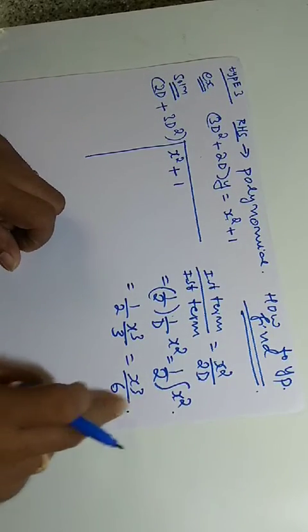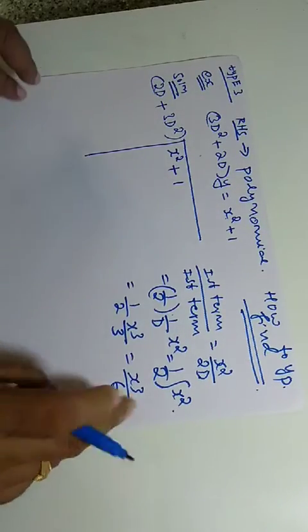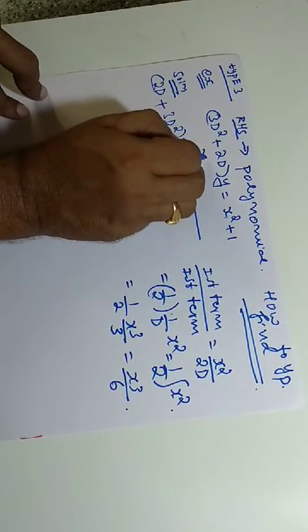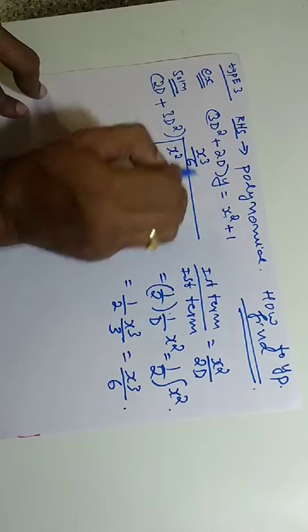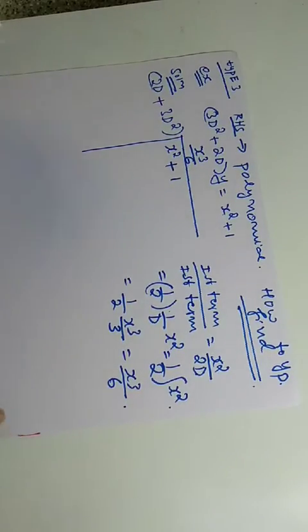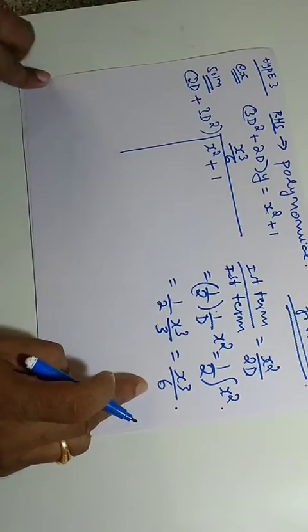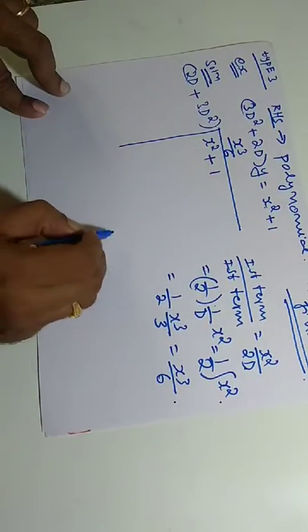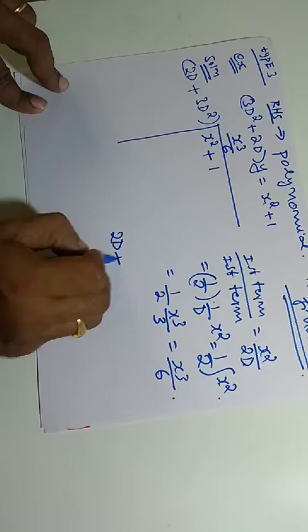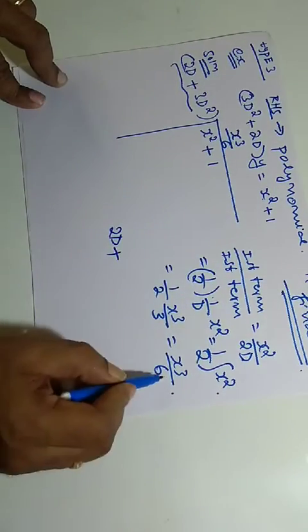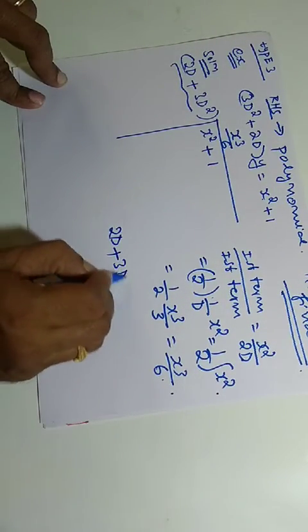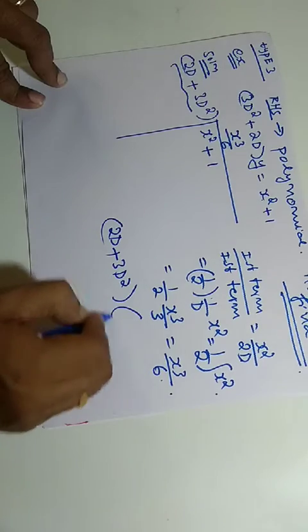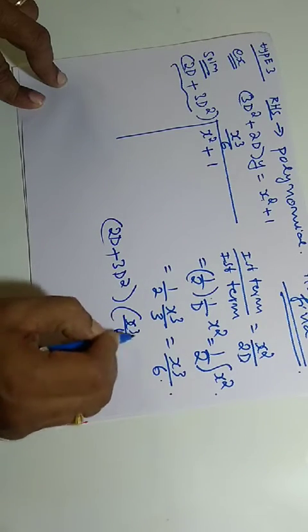Now first term by first term, whatever the result you got, I am writing it here. So that is x cubed by 6. This should be multiplied to 2D + 3D squared. So 2D + 3D squared is multiplied to x cubed by 6.